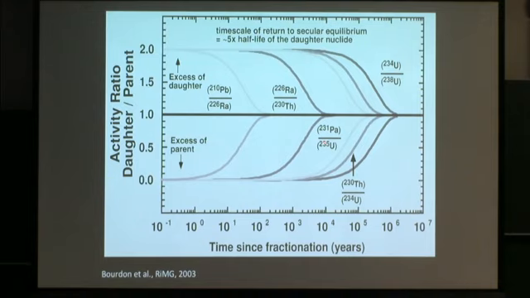The ones I'm going to be mentioning today are the thorium-230 excess over uranium-238, where the return to equilibrium is controlled by the half-life of the daughter, about 75,000 years in this case. Protactinium-231 is a little bit over 30,000 years, radium-226 is more like 1,600, and then lead-210 is 20 years.